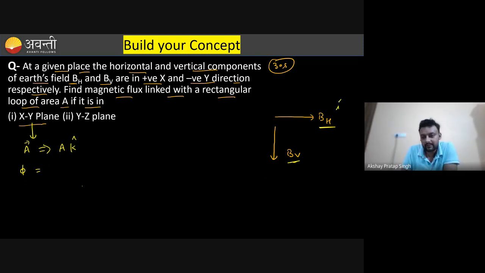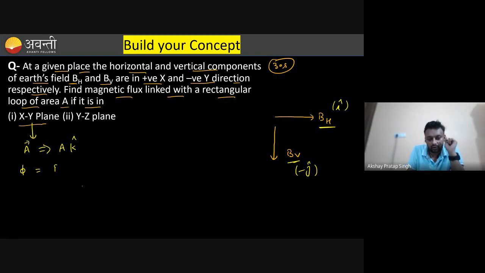This is in the I cap, this is in the minus J cap. So for each magnetic field, whether it's the horizontal or the vertical component, theta is going to be 90 degrees.